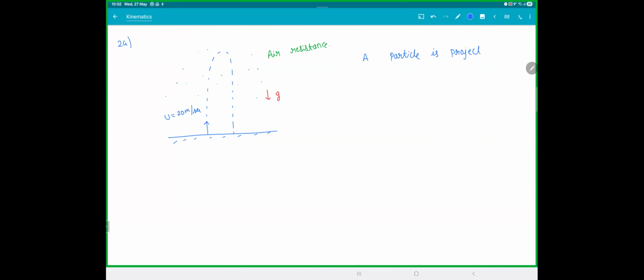This air resistance, right? It does this thing. The particle is projected vertically with 20 meters per second. So the air resistance offers an additional 2 meters per second square opposite to velocity.